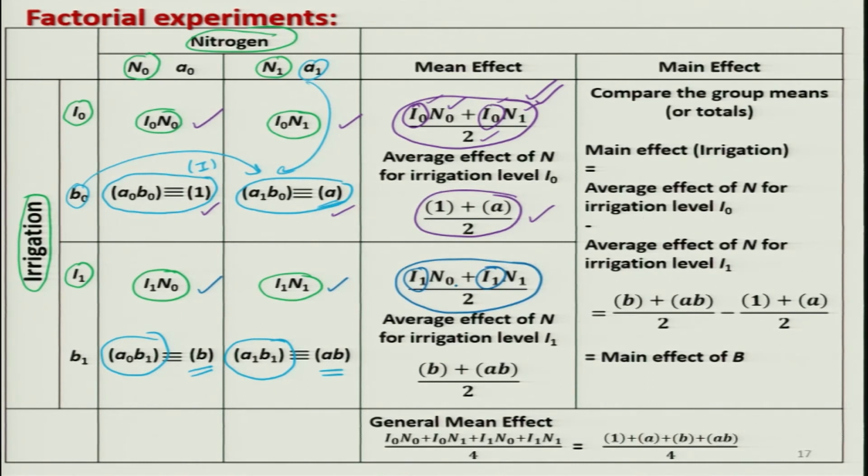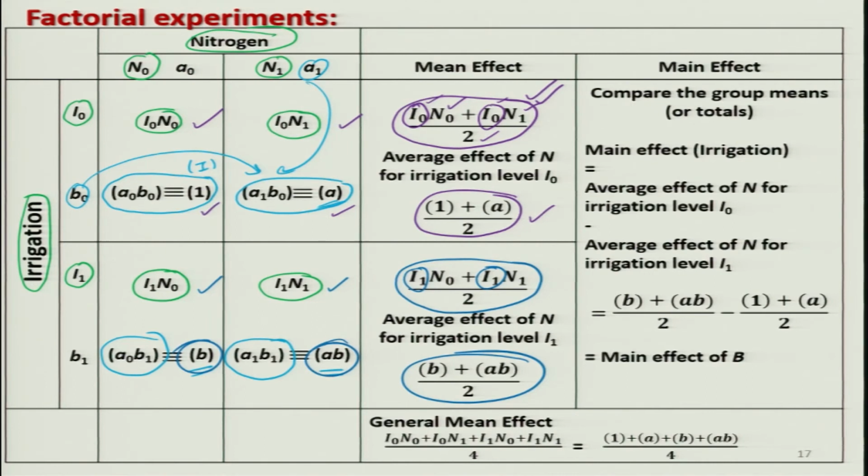So, this is actually N0 plus N1 divided by 2. Do not you think that it looks as if this is the average effect of the different levels of nitrogen for the given irrigation level I1, and the same thing can be written using B plus AB divided by 2, like this.